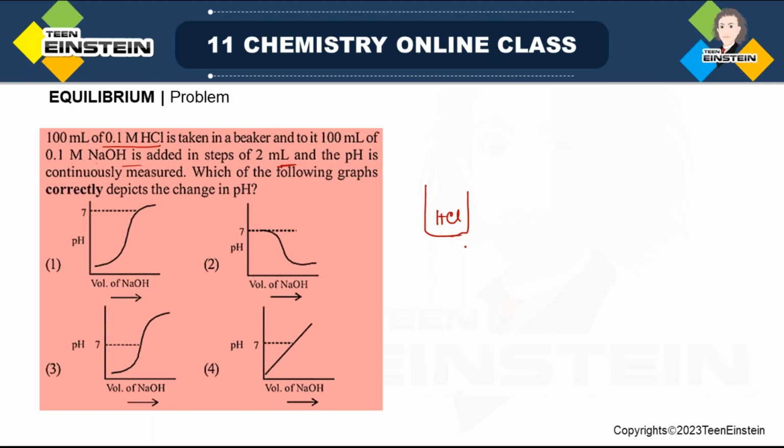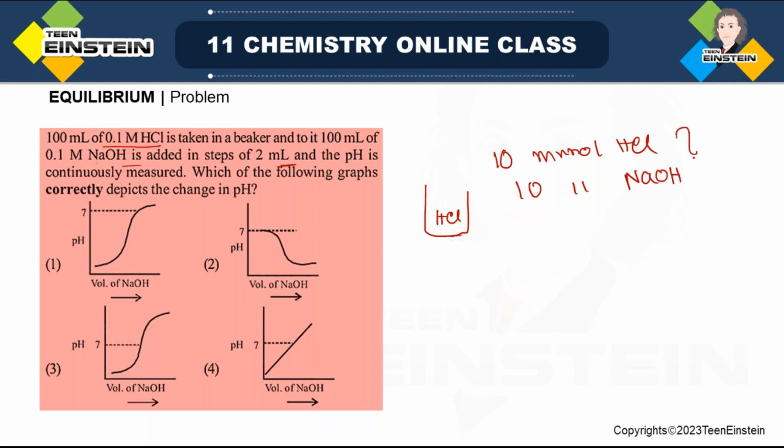In this titration, both are 100 ml, 0.1. That means it is 1:1. Both are 100 ml 0.1 means it is 10 millimole HCl and also 10 millimole NaOH. So it is 1:1 and neutralization is done.